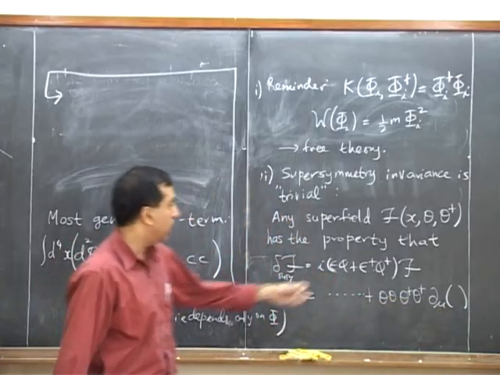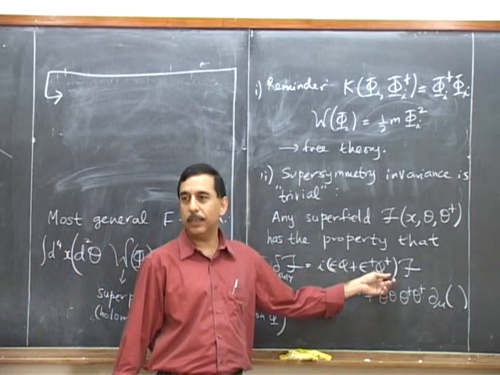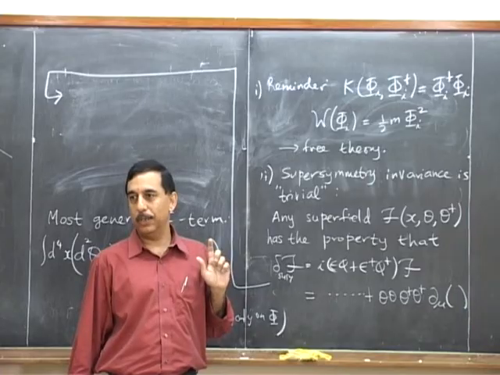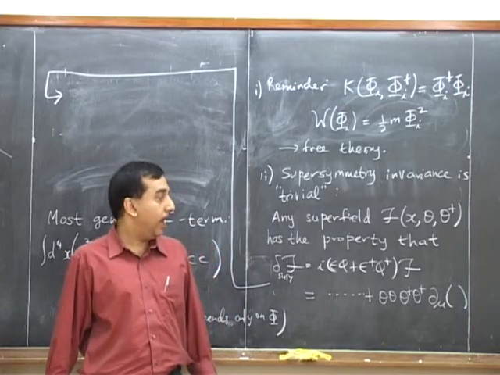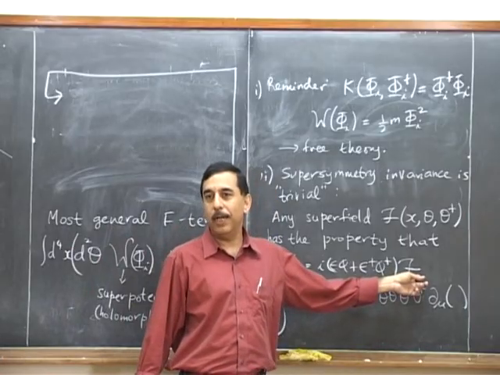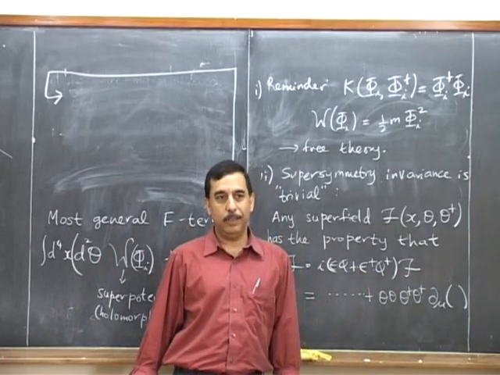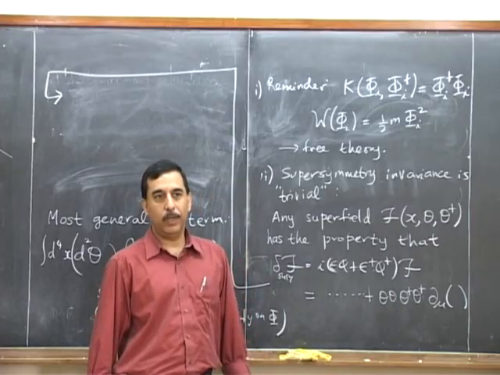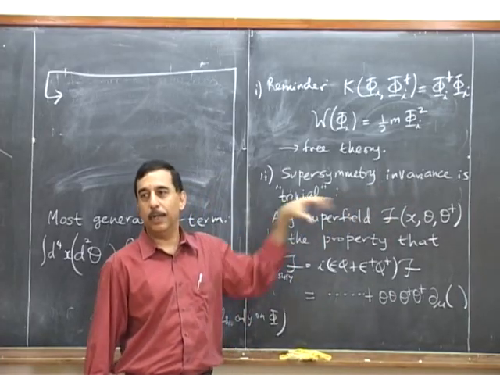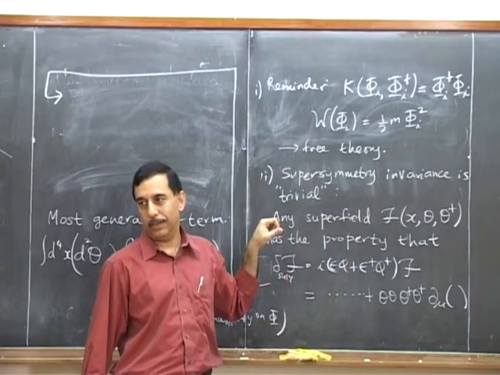This is true because look at the constitution of Q and Q dagger. They involve either del by del theta or del mu. Now, del by del theta has the property that whenever it acts on F, it reduces the number of thetas in a given term. So the 4 theta term will become a 3 theta term, 3 theta will become 2 theta, 2 theta will become 1 theta, and so on.